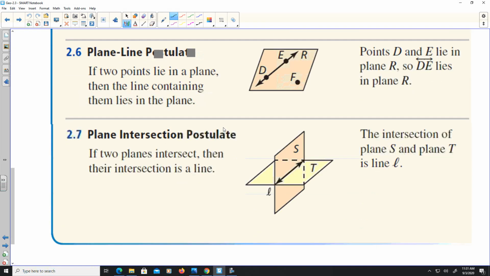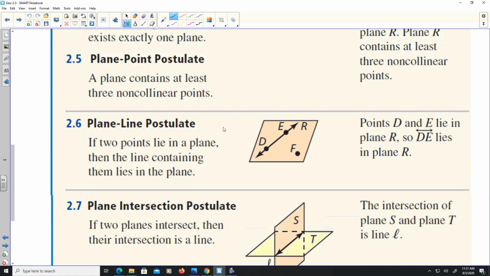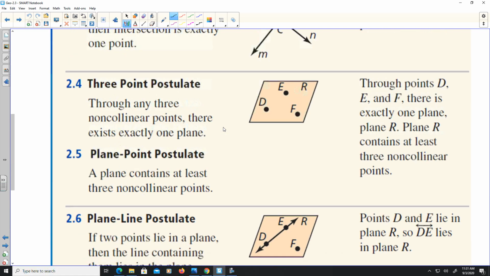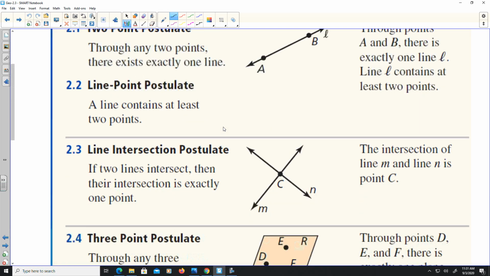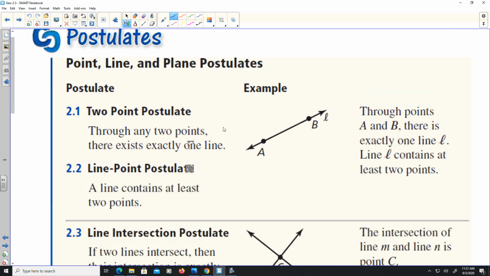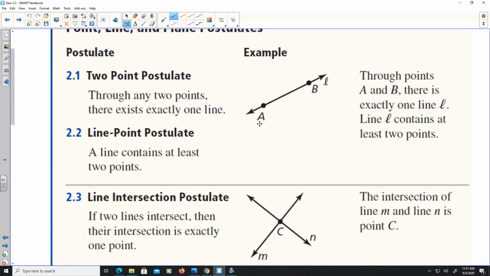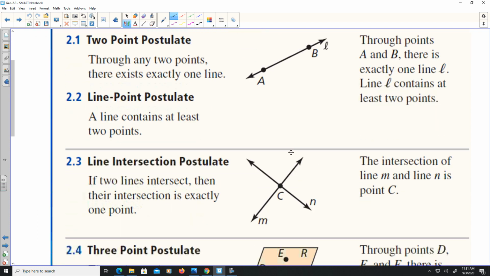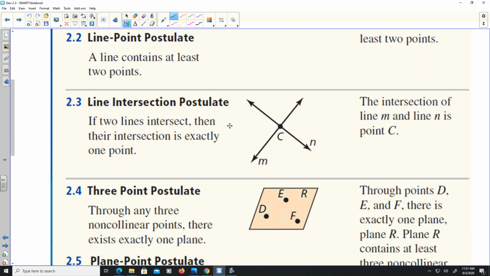I would say please review your notes, or press pause and jot them down in your notebooks if you don't have the notes. These are some of the postulates they're going to ask us to state with respect to a certain diagram.